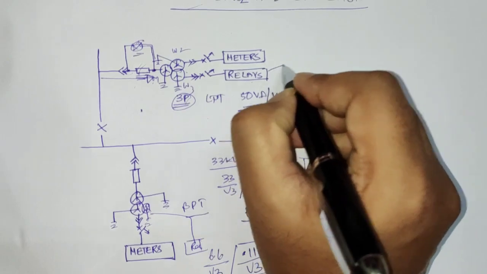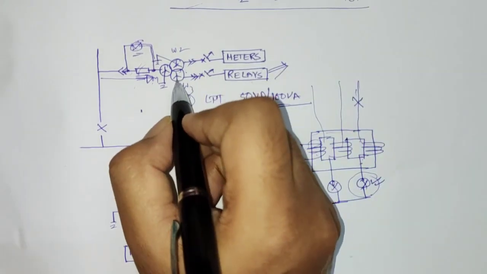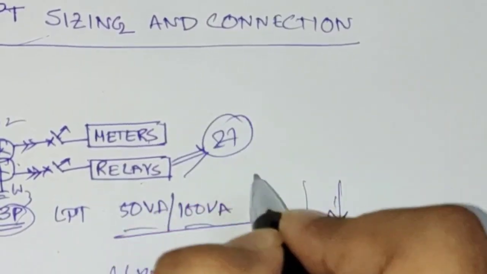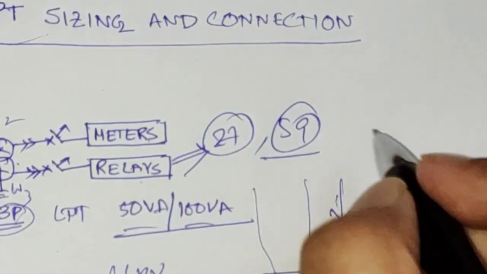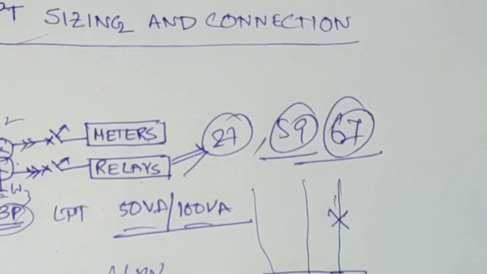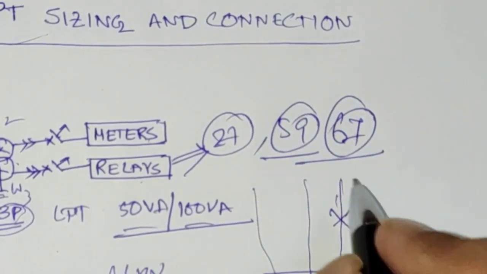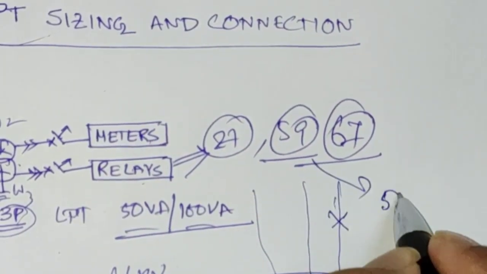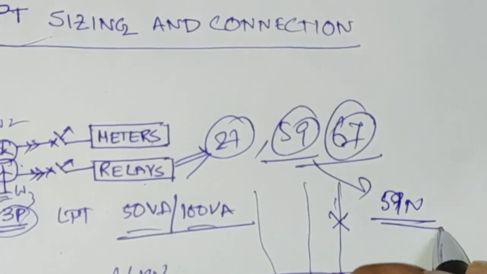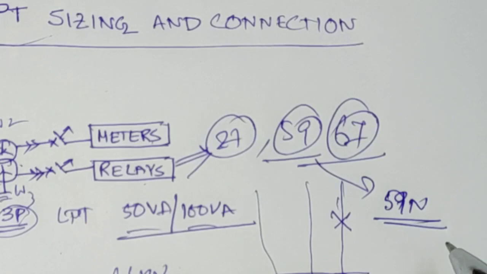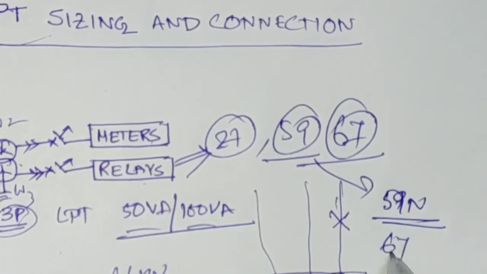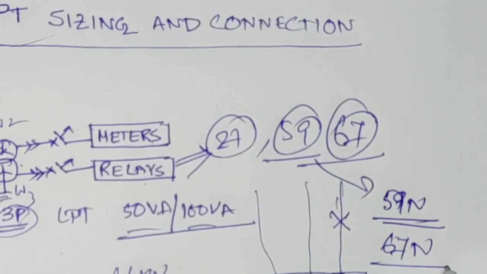All these relays that are connected with this kind of star windings are 27, that is the under voltage relay, 59, that is the over voltage relay, and 67, that is the directional overcurrent relay. Now there are two more relays. Number one is 59N, which is the residual over voltage relay, which detects the earth fault from over voltage, and another is 67N, which is the directional earth fault relay.